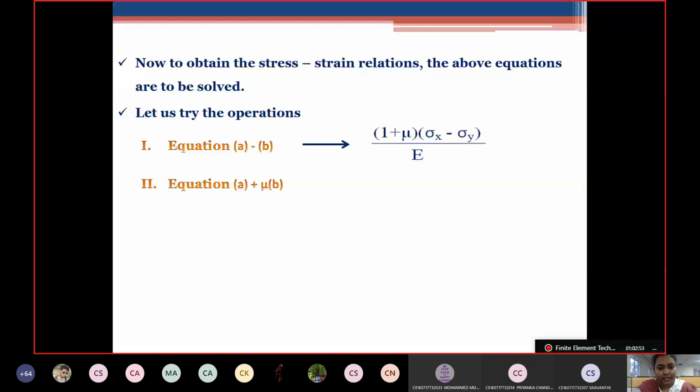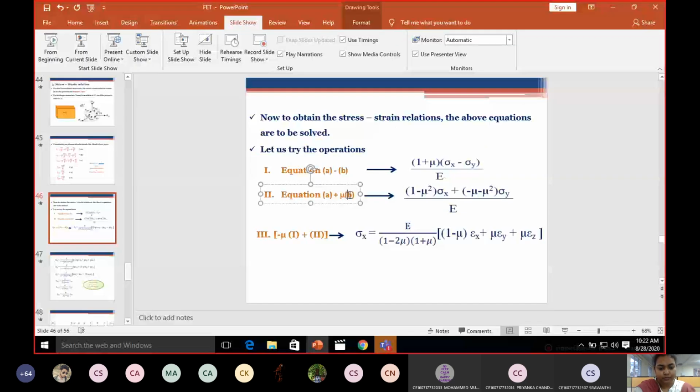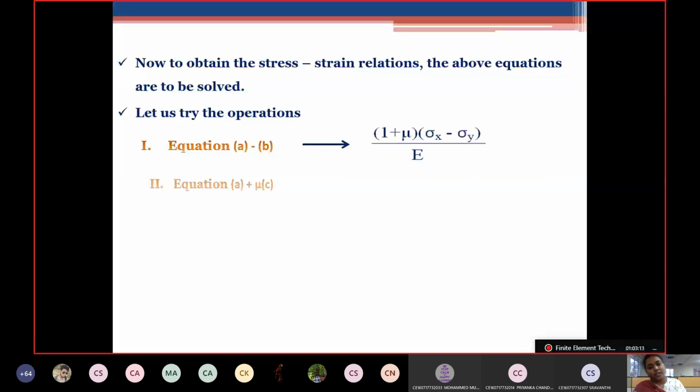That is actually equation A plus mu into equation C. Right, equation A plus mu into equation C. Here we are trying to relate normal stress in x direction with normal stress in z direction. That's the second operation. Please try to solve it.